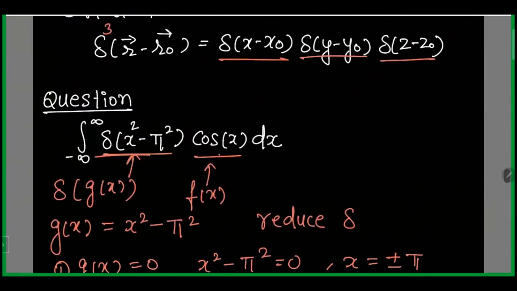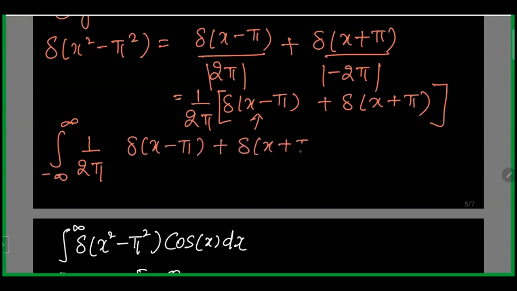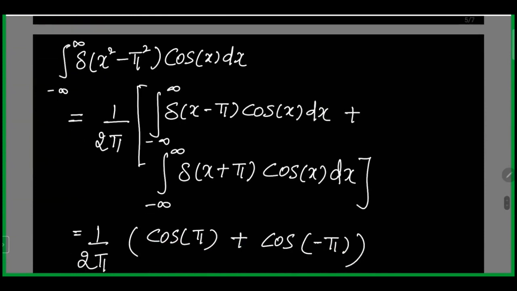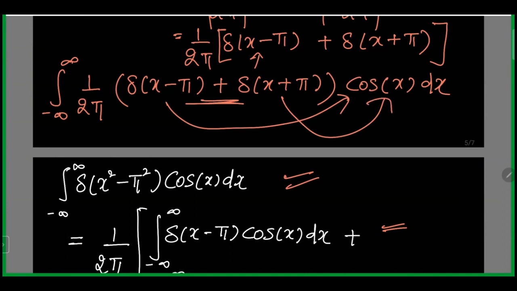Your limits are from minus infinity to infinity, and you will write minus 1 by 2 pi, delta x minus pi plus delta x plus pi, multiplied by cos x dx. Very nice. So I can open this bracket so that cos x is multiplied with both the terms.